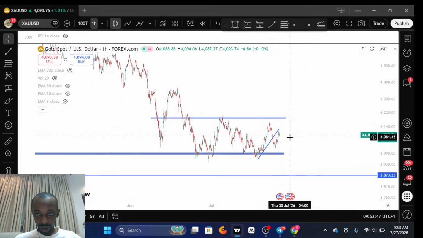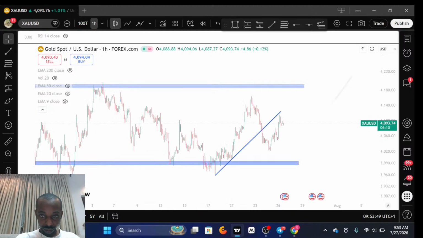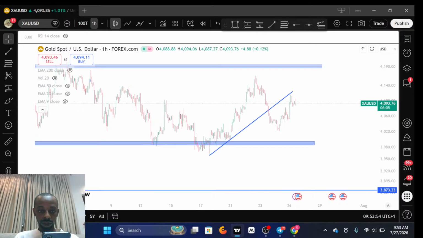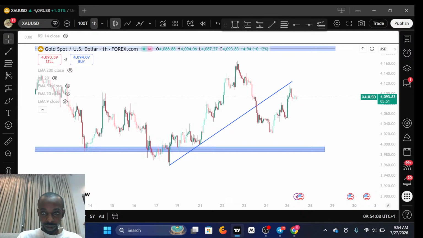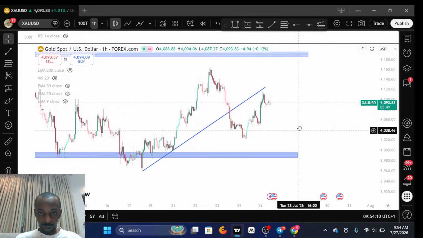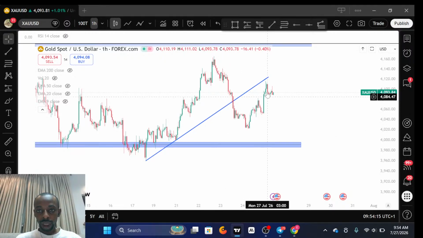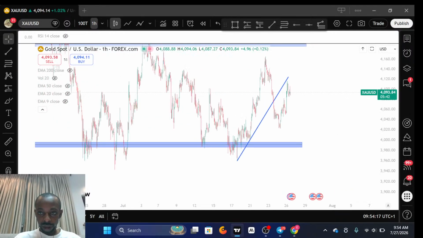It's likely going to sell with what it's doing now. First or second touch, then broke and retesting this level. Yes.